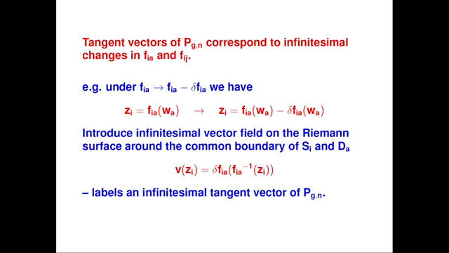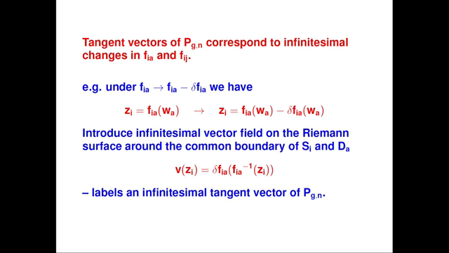Then that means that the original relation Zi equal to Fia will go over to a new relation which is Zi equal to Fia minus delta Fia. So these delta Fias will label possible deformations of PGN, and will label a tangent vector of PGN.